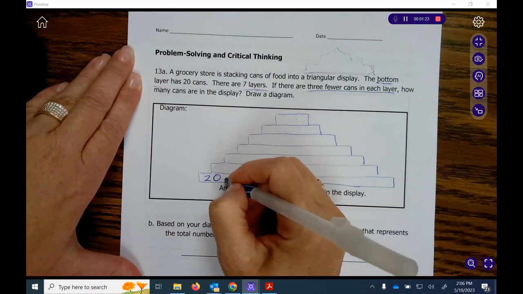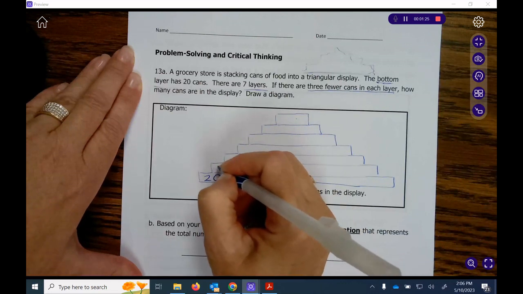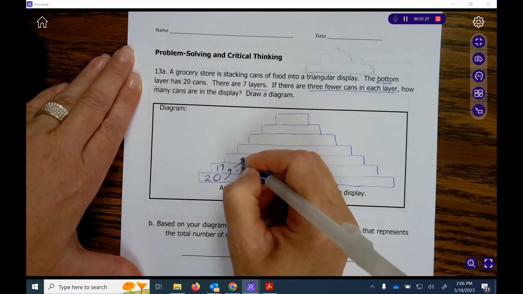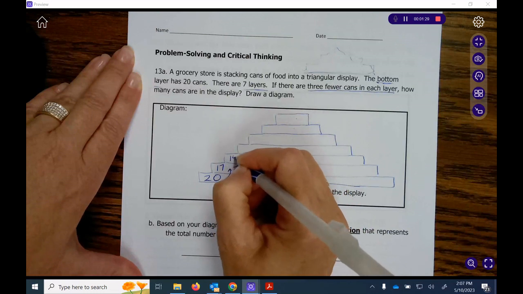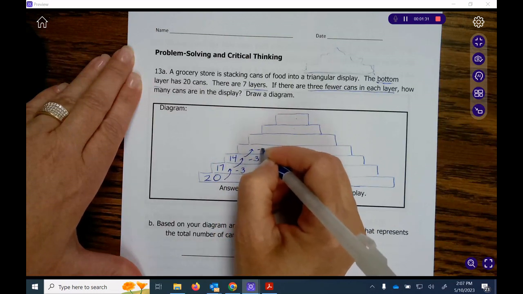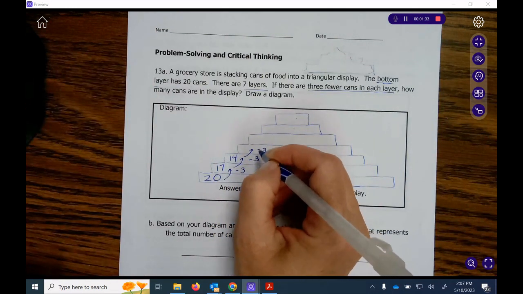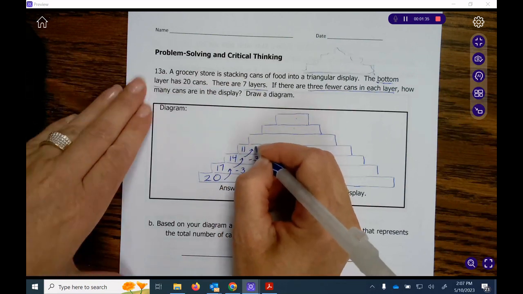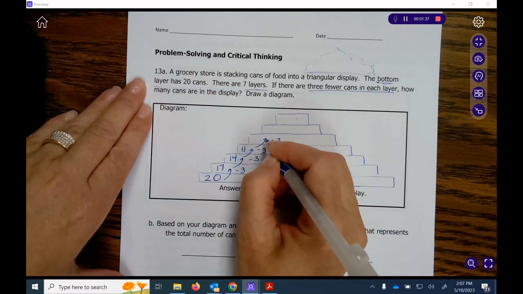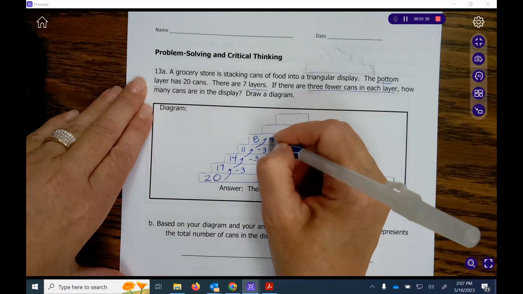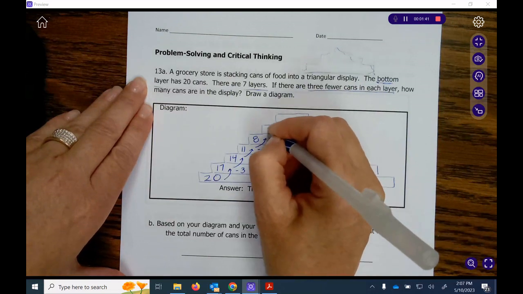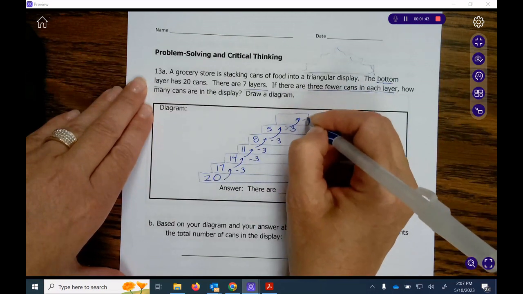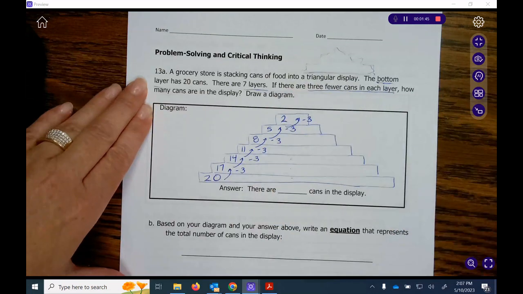All right, so we're going to subtract 3. That gives us 17. Subtract 3 gives us 14. Subtract 3 gives us 11. Subtract 3 gives us 8. Subtract 3 gives us 5. Subtract 3 gives us 2.